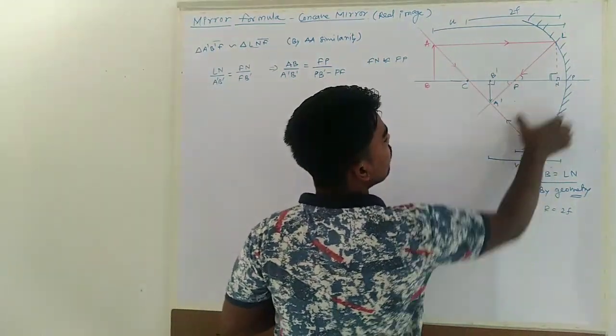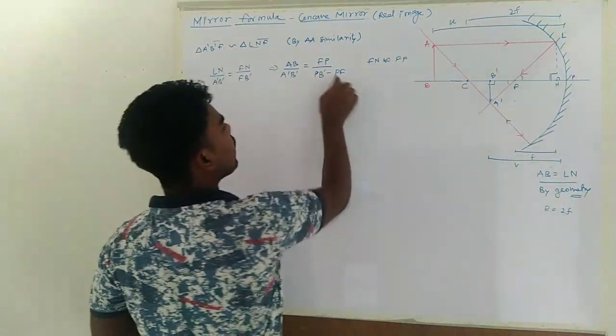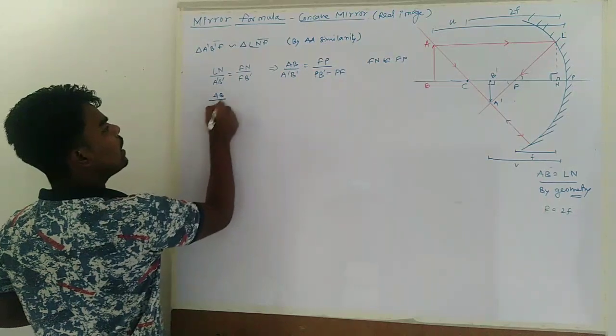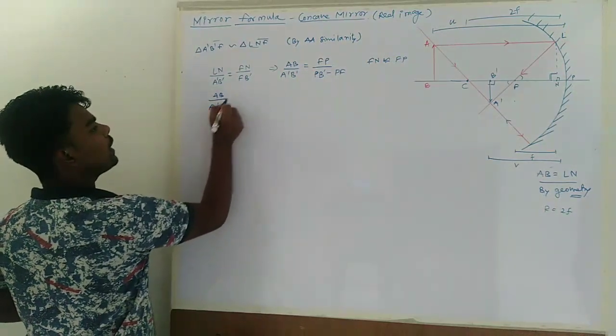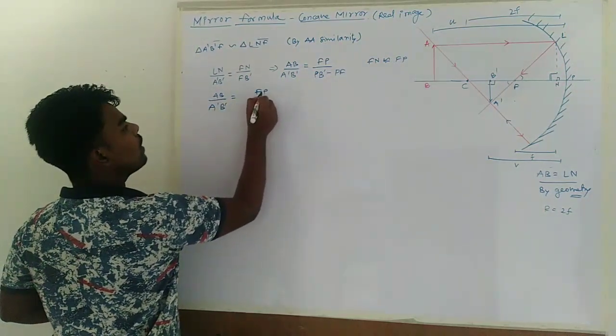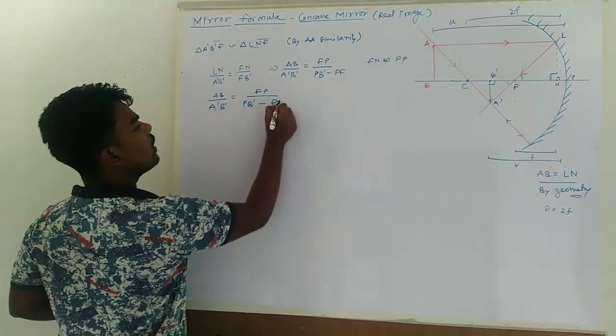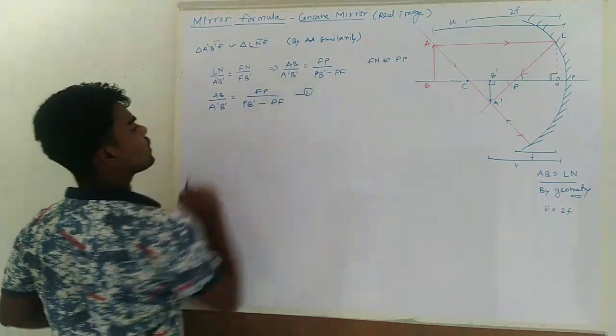Because PB dash is your V and PF is your focal length, this can come in that form. So we will write this as our first equation: AB upon A dash B dash is equal to FP upon PB dash minus PF.